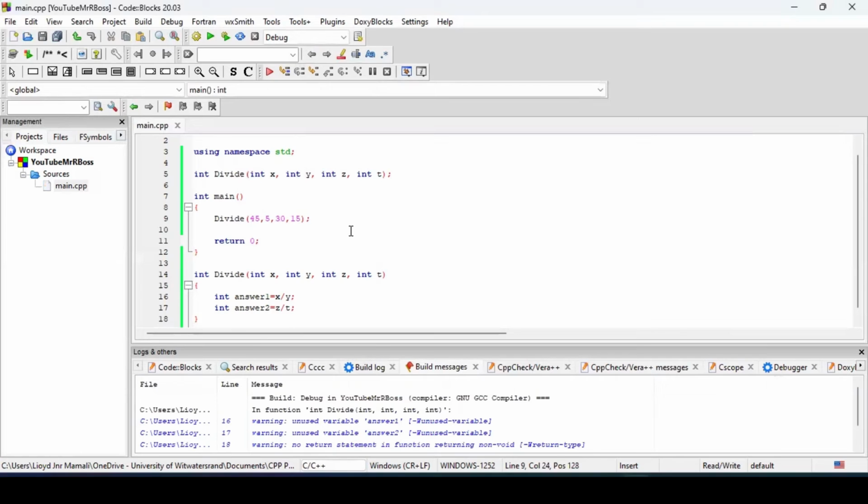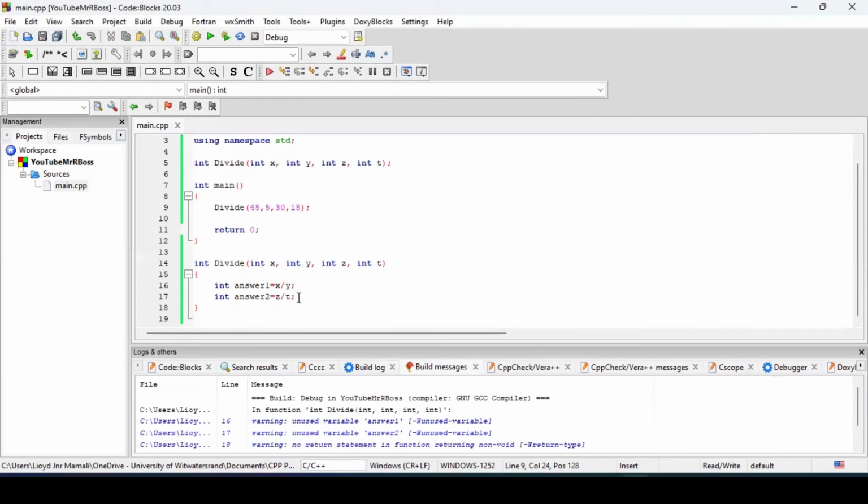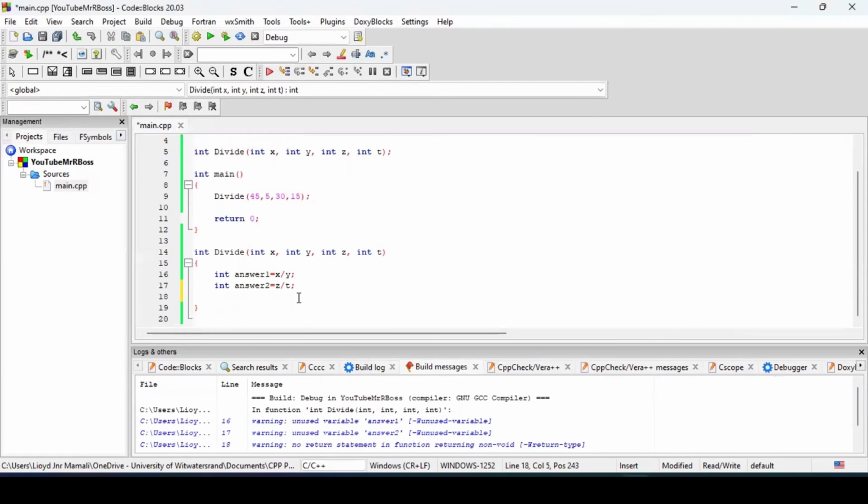So previously, in my previous video, I came below the int answer and said cout answer. So let's see what is going to happen if I do this. cout answer 1, and then endl.